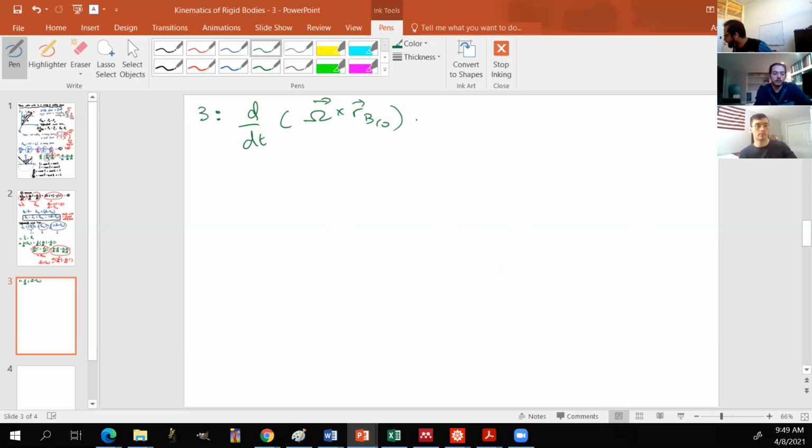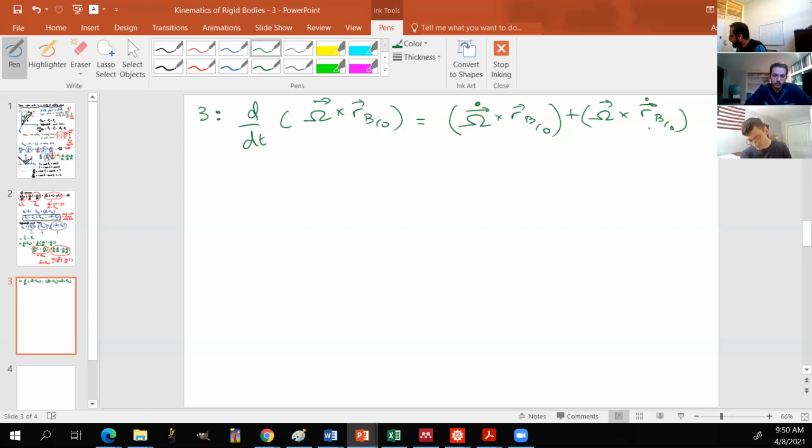So this is basically going to equal the time derivative of omega crossed with r of b relative to O, plus omega crossed with the time derivative of r of b relative to O.